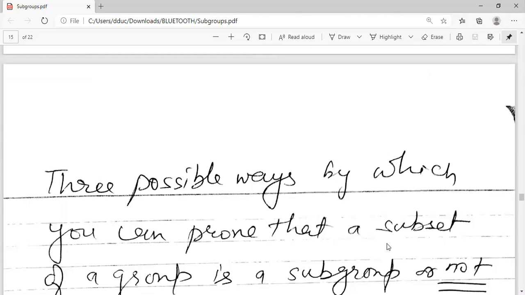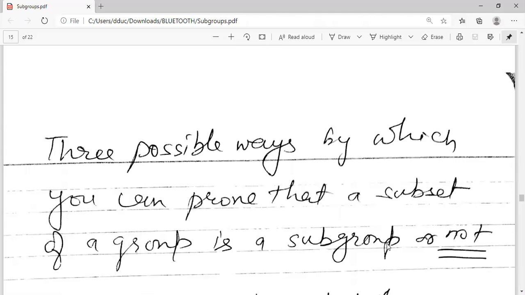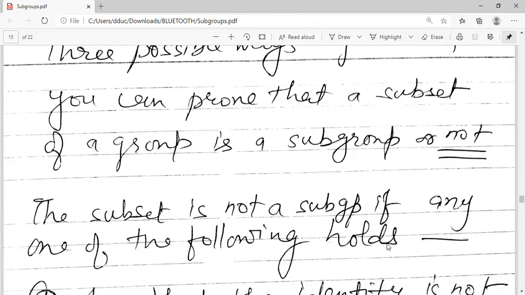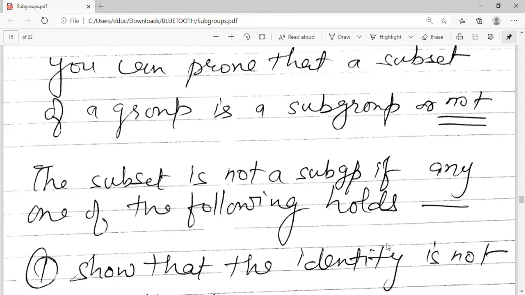So now there are 3 possible ways by which you can prove that a subset of a group is a subgroup or not. This we have seen in these tests: how you are going to prove that a subset is a subgroup by using the one-step test, two-step subgroup test, and a finite subgroup test.